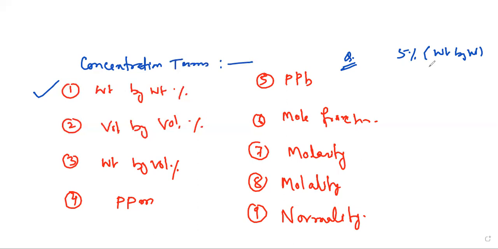It means 5 gram of NaCl. 5% means 5 gram in 100 gram. So you know the formula for weight by weight. Ma'am, weight of solute by weight of solution times 100. Yes, ma'am.